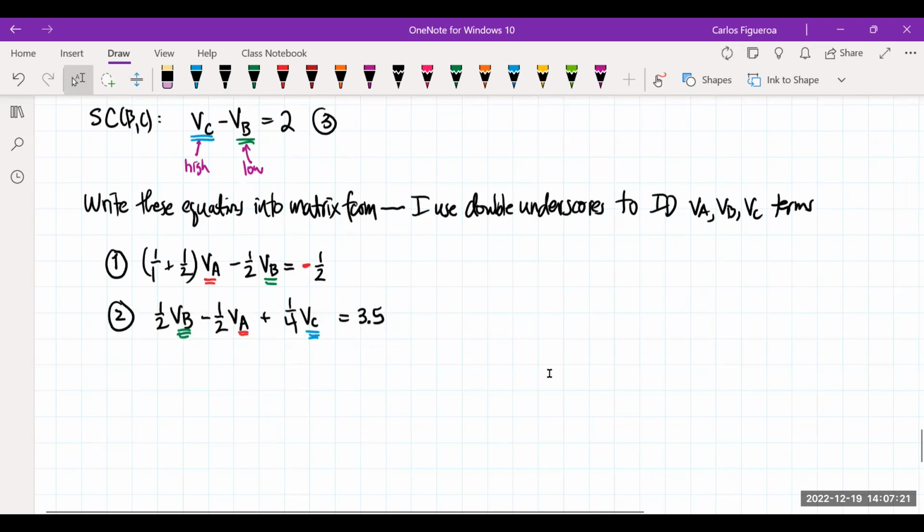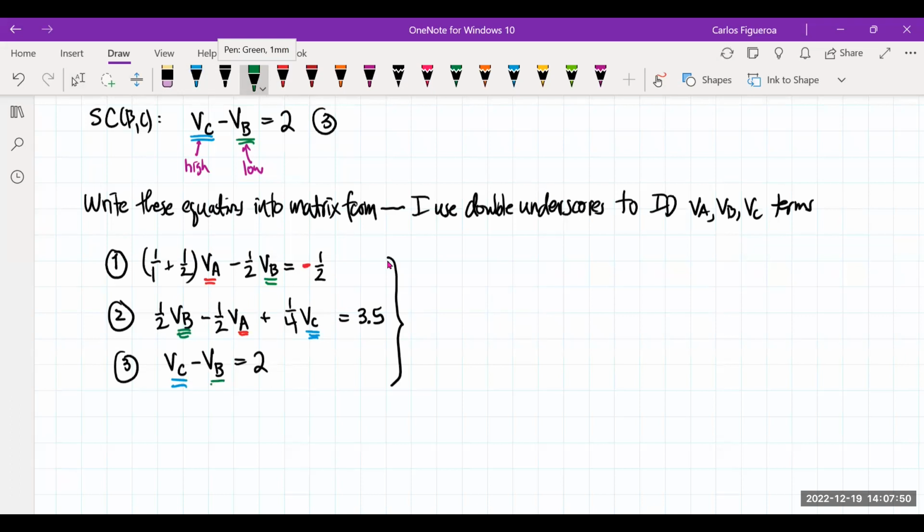And then finally, here's my third equation. So now I'm going to put this into matrix form. Note, I would never rewrite these like this. I'm only doing this because I can do it on this tablet.